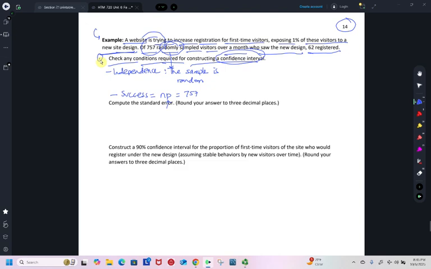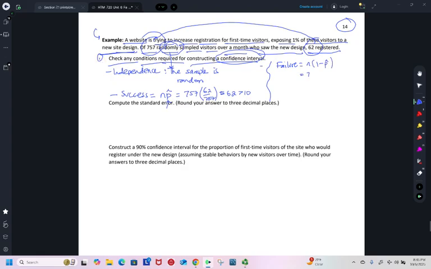P, the proportion in the population, is unknown, so we estimate that using p̂, and that will be 62 out of 757. So that gives us 62, which is greater than 10. Then you have failure, which is n times 1 minus p̂.